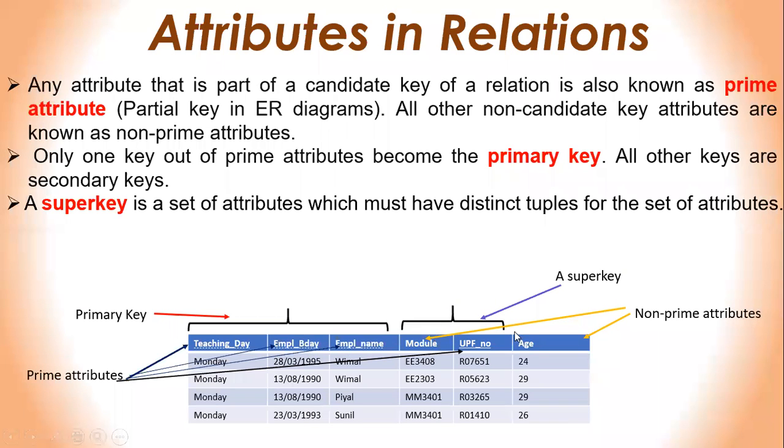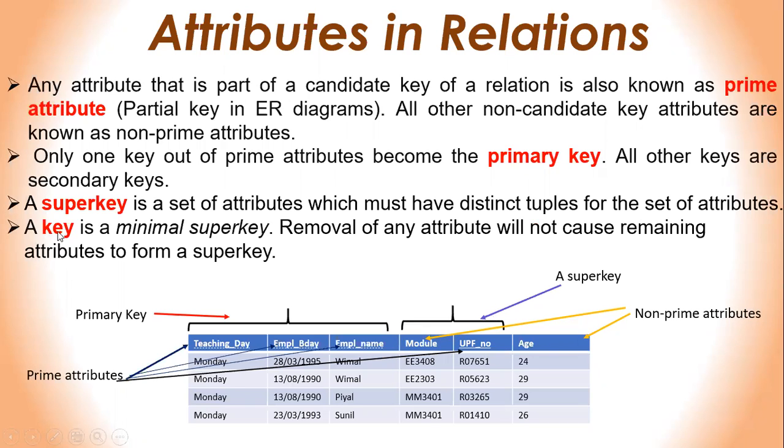So as I explained, this key with another non-prime attribute can form a super key, right? But as I said, a key is a minimal super key. That means if you remove any attribute from a key, then it will not be anymore a super key. For example, like this, if you remove it, it will not be a key. So this kind of a super key is known as a minimal super key.